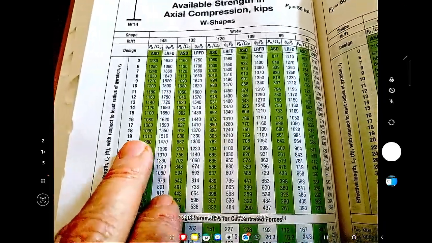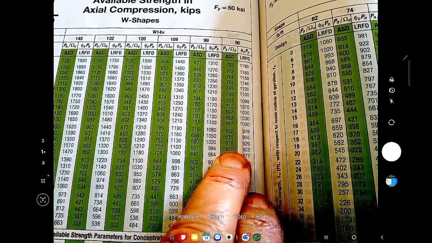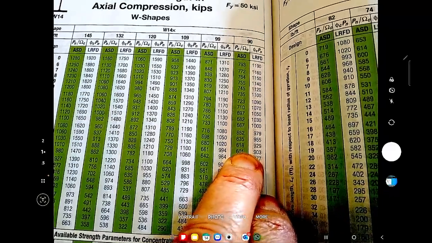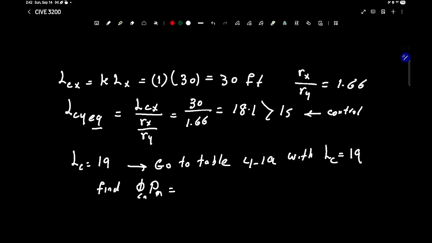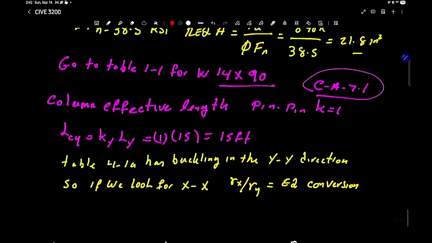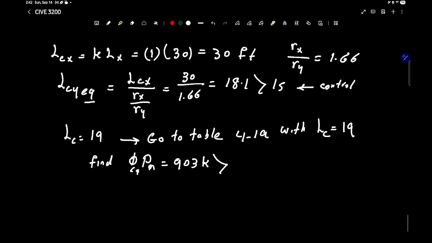Okay, 19 is right there, going across for W14 by 90, and I find phi C times PN is equal to 903. Okay, so I'm going to come back here. Phi C PN is equal to 903 kips, which is bigger than our 840 kips, and that's good. That's it, we're done, and it passed.